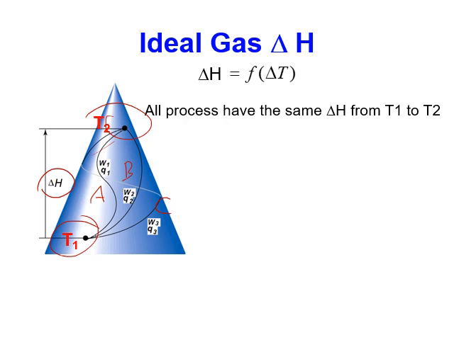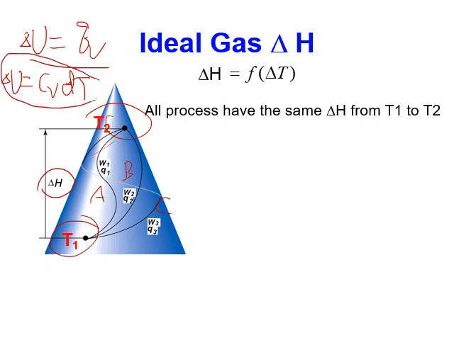Just like when we calculated delta U, we chose constant volume, because at constant volume, delta U equals Q, which equals CV delta T. So delta U equals CV delta T for constant volume, but it applies to any other process as long as it is an ideal gas.